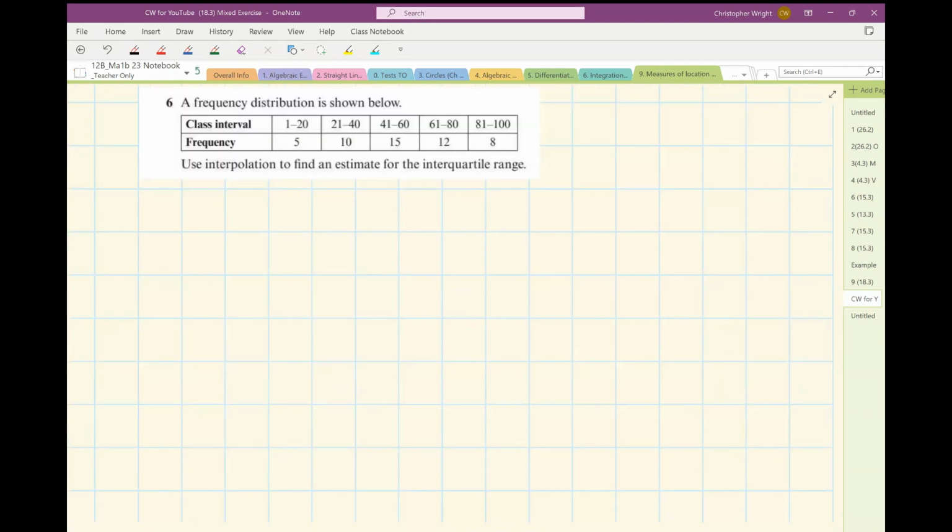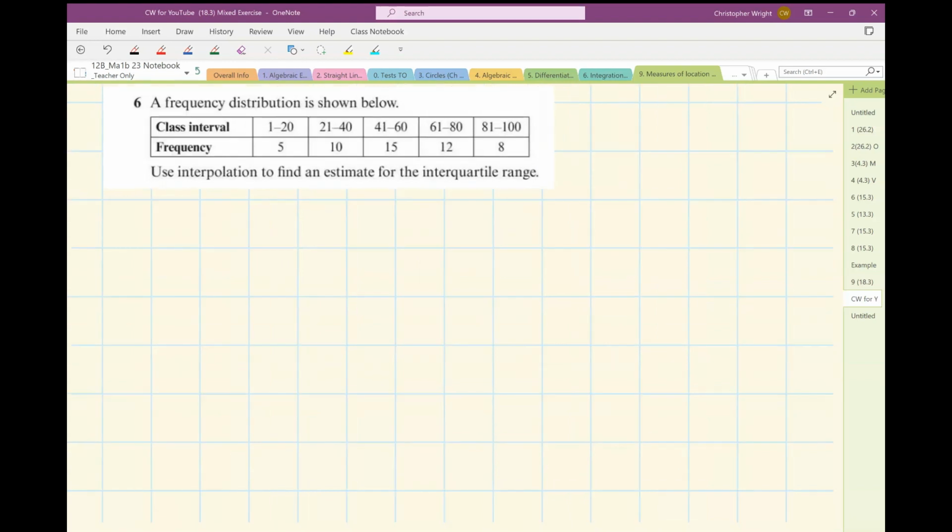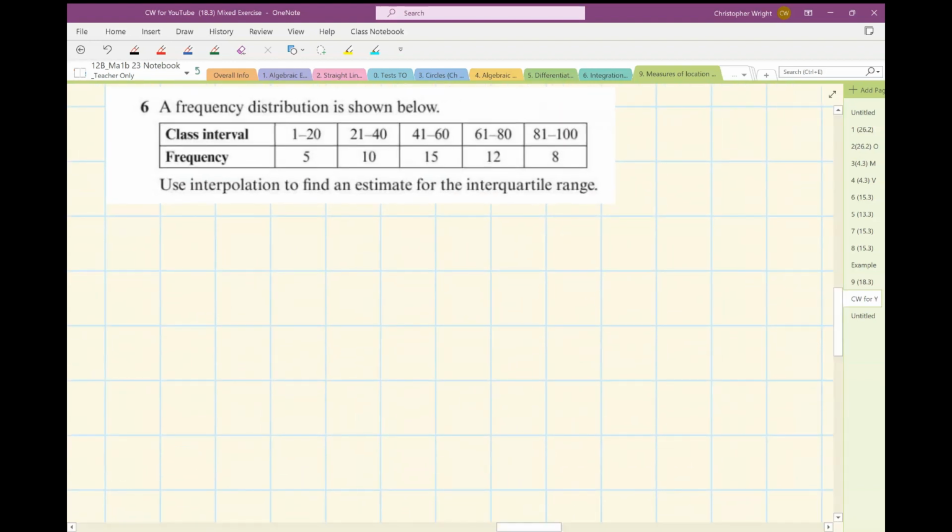Question 6. A frequency distribution is shown below. Right. Use interpolation to find an estimate for the interquartile range. Okay. So, how many pieces of data have I got here altogether? I have got 50 pieces of data altogether.